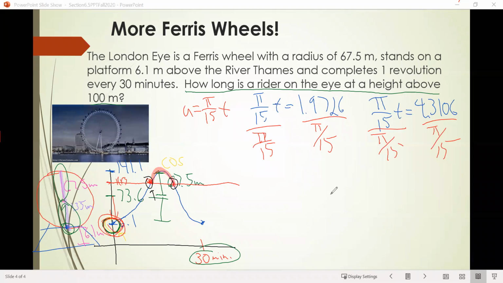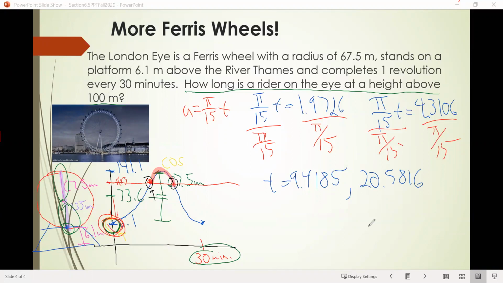And when we do that, the two values for t that we get will be 9.4185, and from the second one, we get 20.5816.